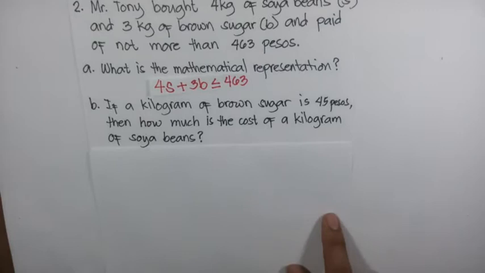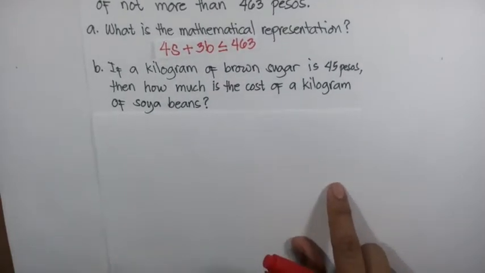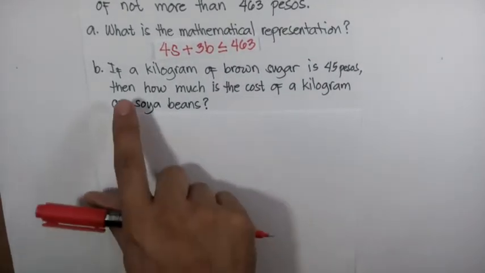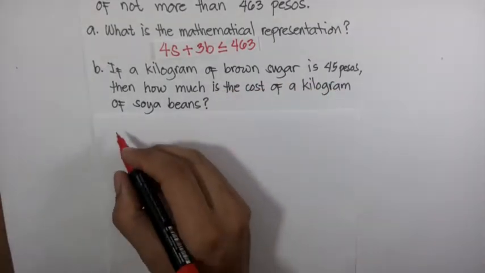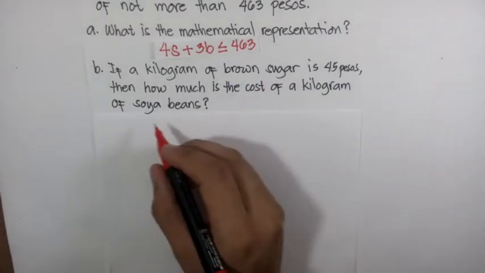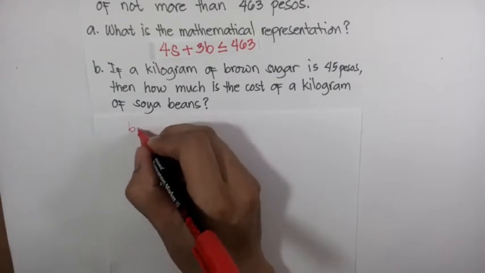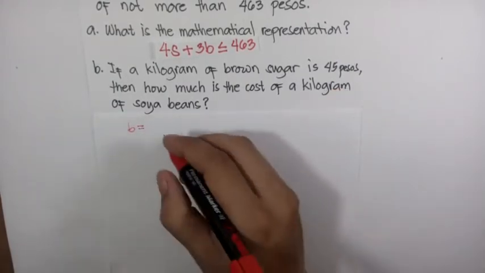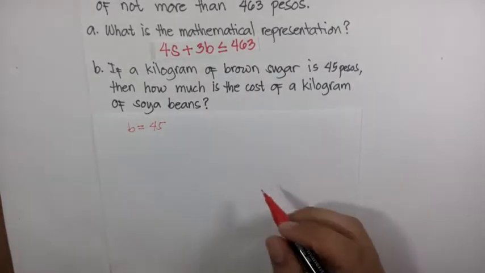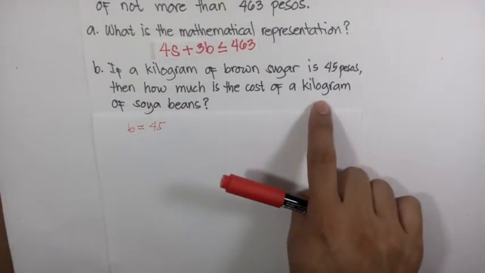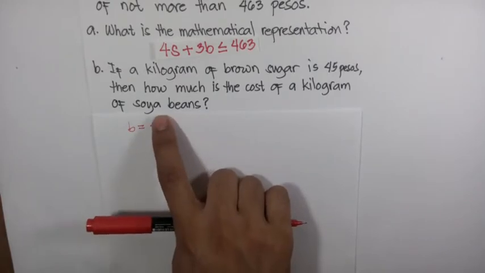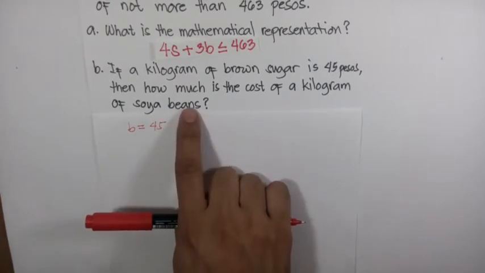Now let's work with letter B. Letter B says that if a kilogram of brown sugar is 45 pesos, so brown sugar is equal to 45 pesos, then how much is the cost of a kilogram of soybeans? So the question is, a kilogram of soybeans, how much is that?